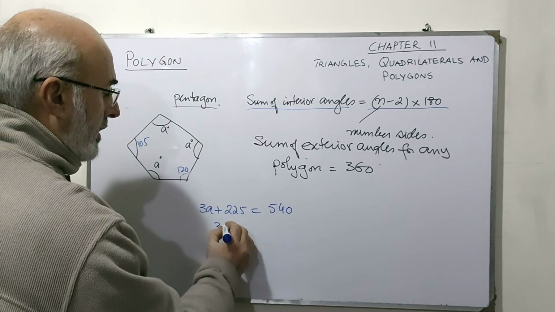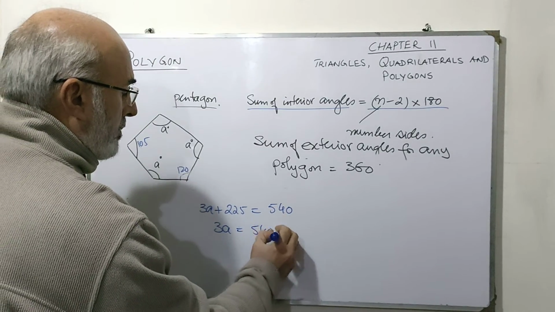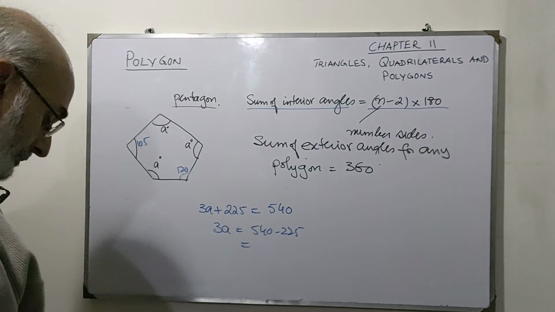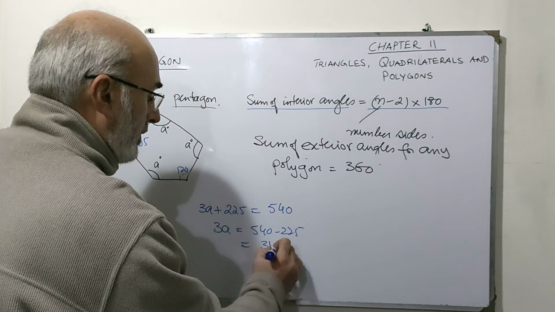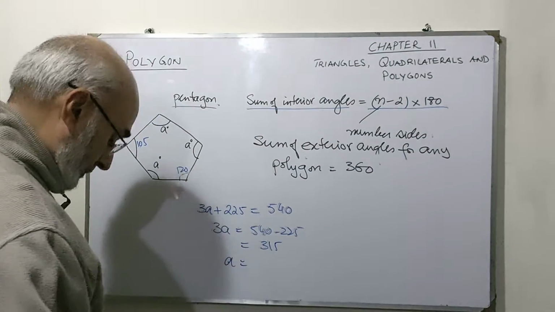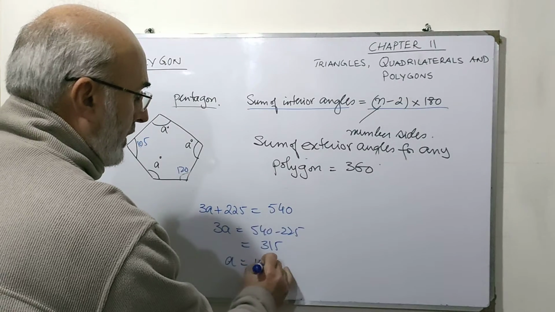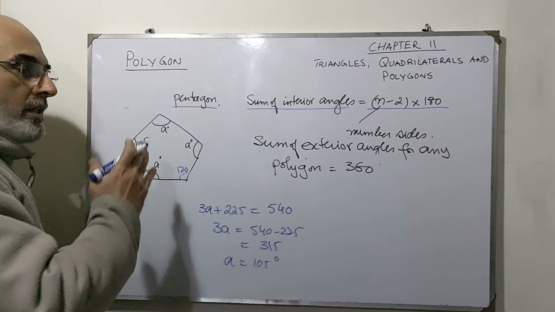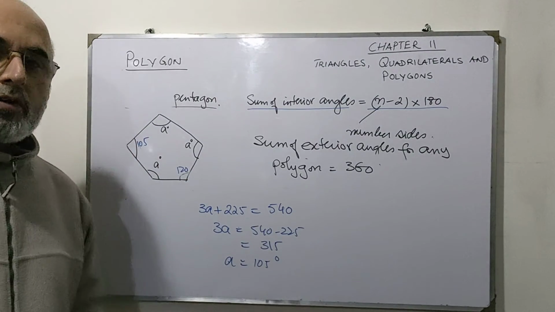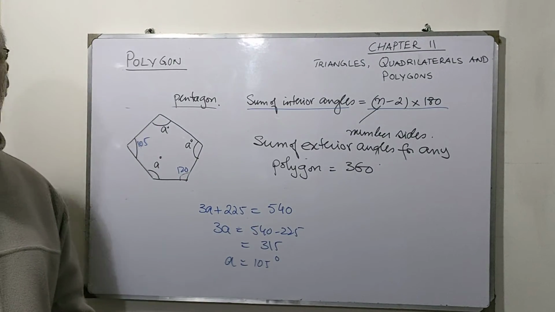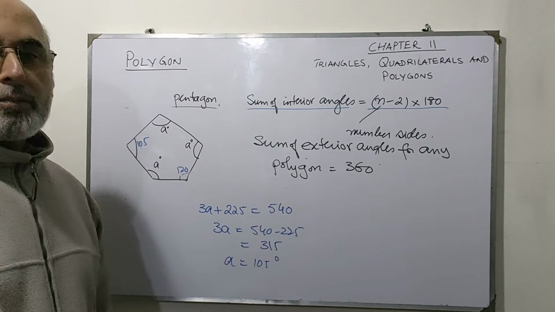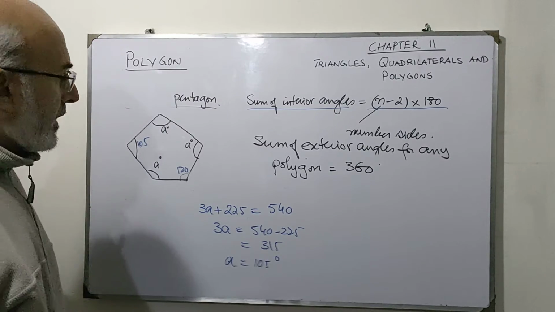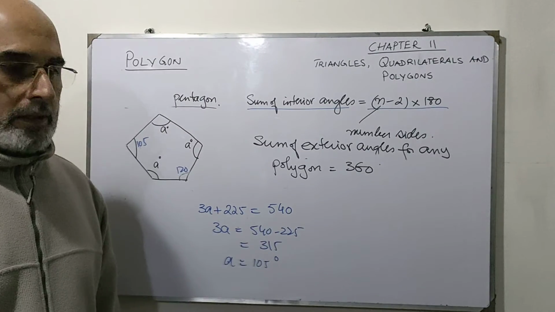So 3A is equal to 540 minus 225, which is 315, and A is equal to 105 degrees. So it turned out to be 4 angles of this irregular polygon are of 105 degrees, and one is of 120 degrees, right? And it's an irregular polygon.